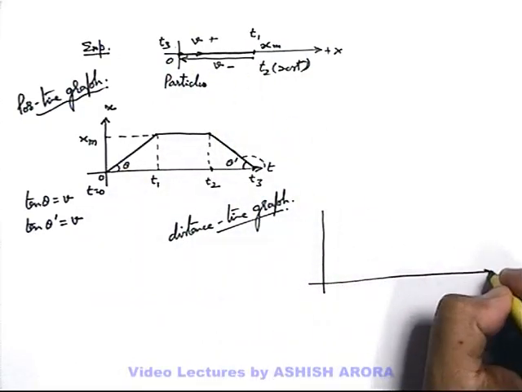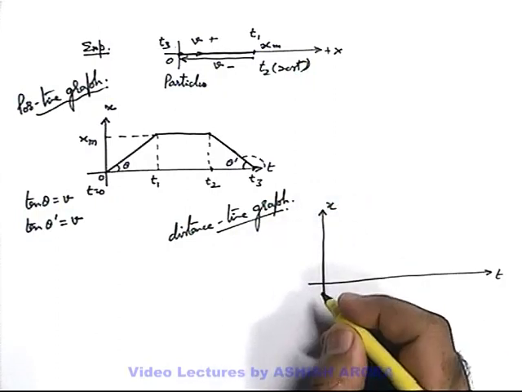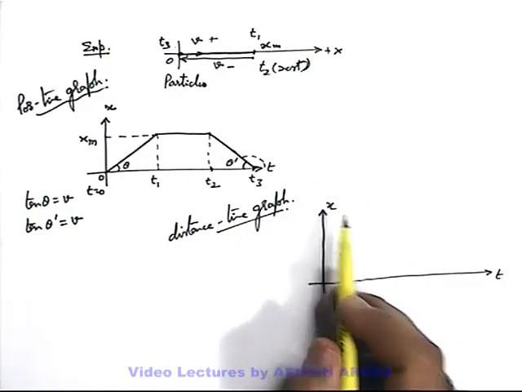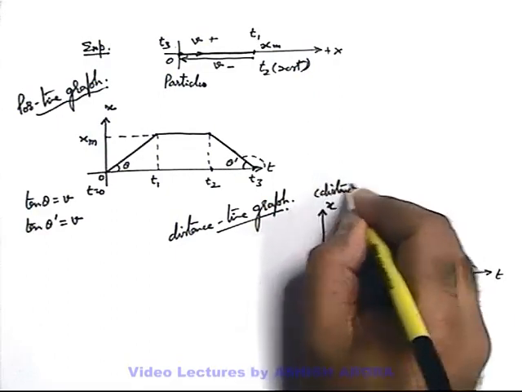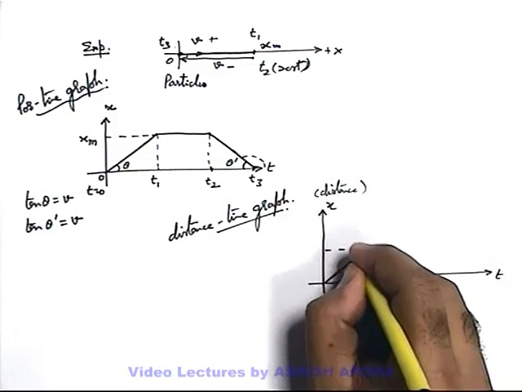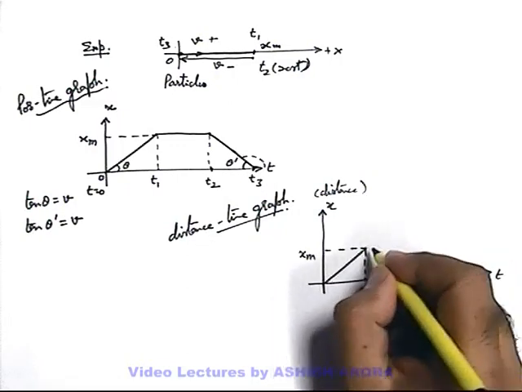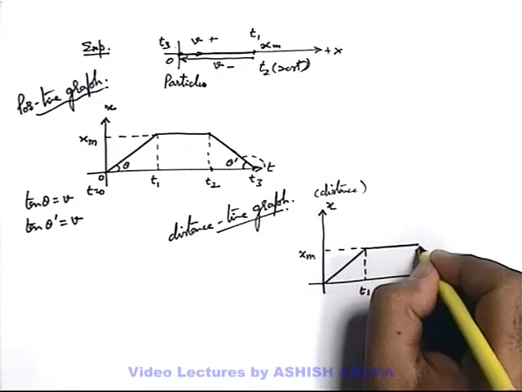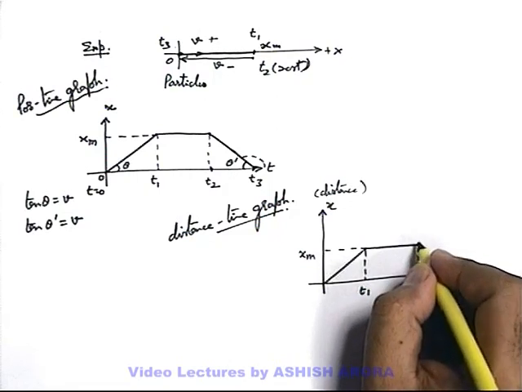The only difference in the position time and distance time graph is that the distance time graph will never come down. It will first increase to a position of xm for a time t1, then it remains at rest up to a time t2, and then again it returns back.